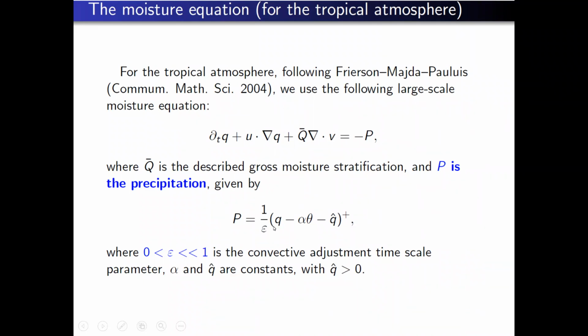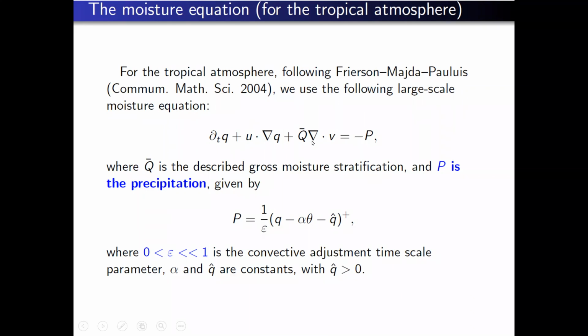So when the moisture is too small, below a certain critical value, the precipitation is 0. Okay, therefore there is no source or loss of moisture. However, when it becomes too high, then rain occurs, and this triggers very quickly at rate 1 over epsilon. So it switches very, very quickly, and therefore you lose moisture from the atmosphere.